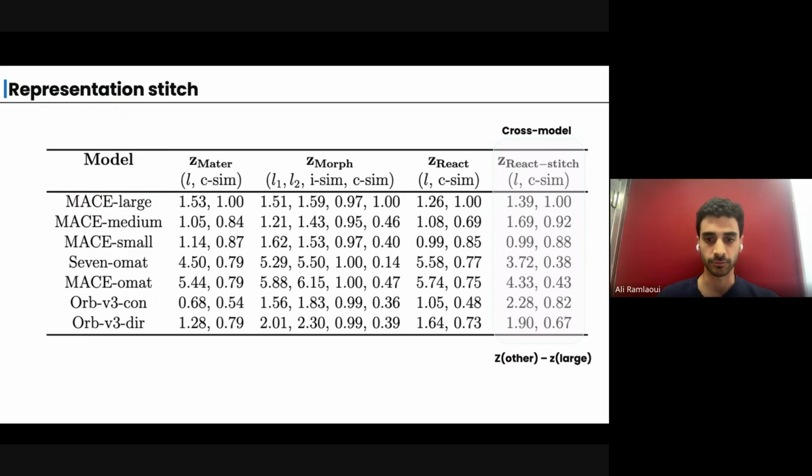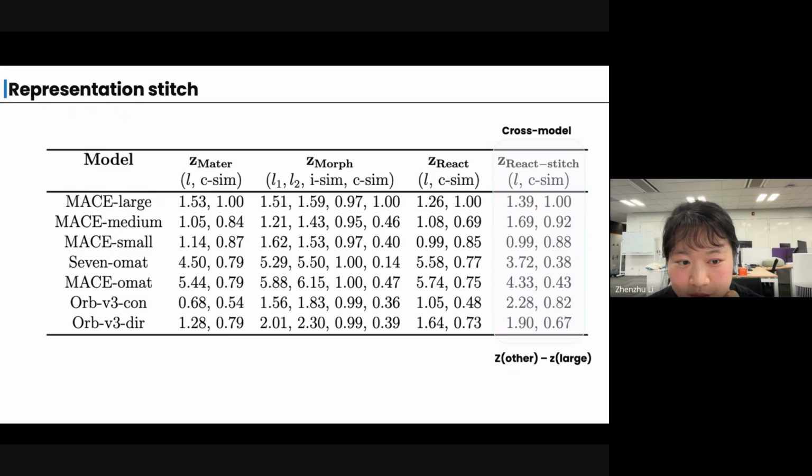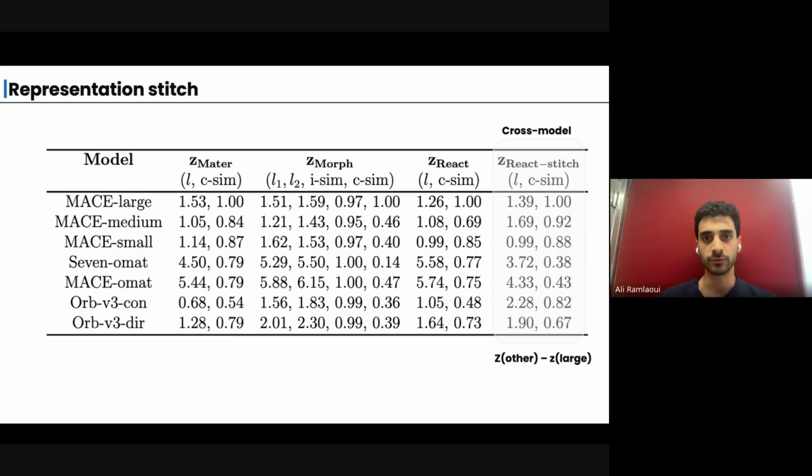I'm not sure if that's the reason why, but that could be some explanation. Yeah, could be some explanation there. In which case, it would make it difficult to also stitch a model trained on different DFT functionals, for instance.